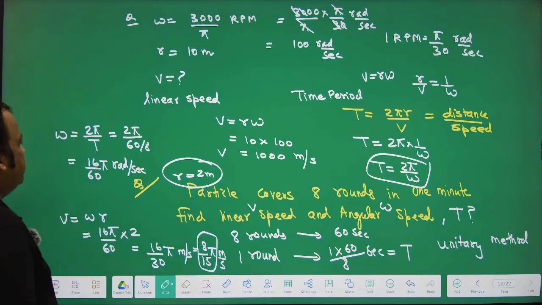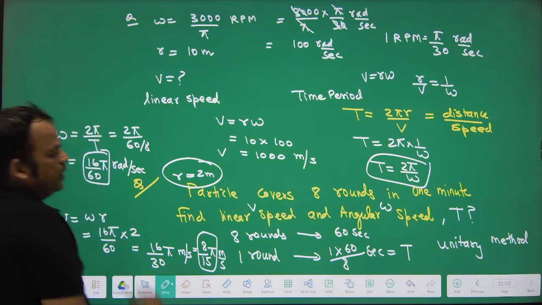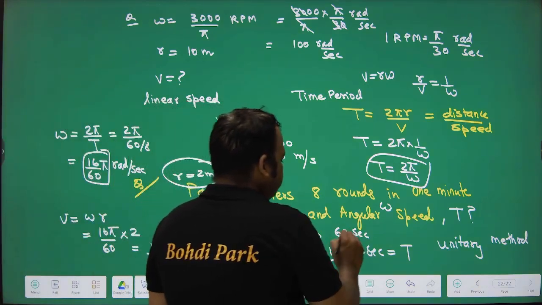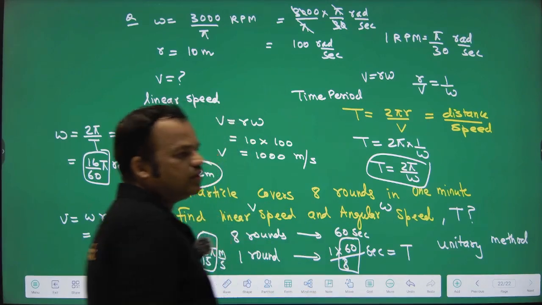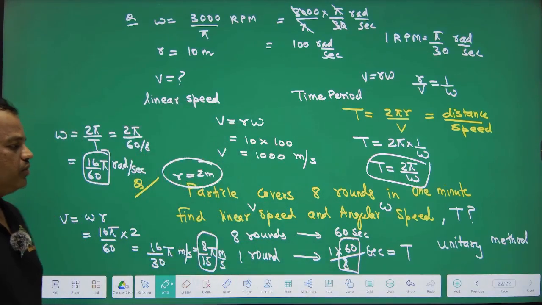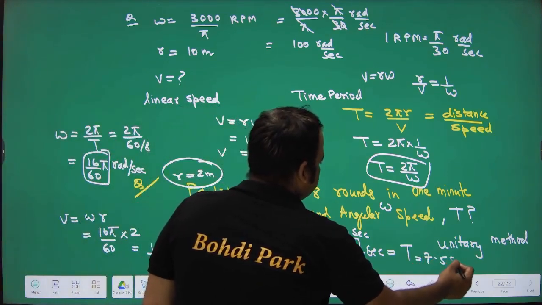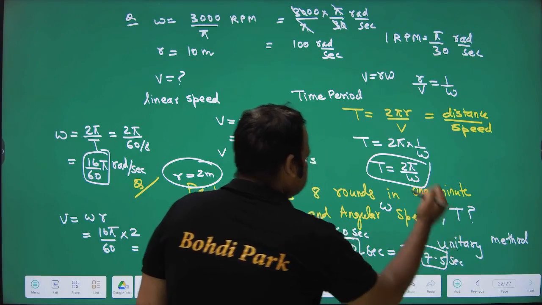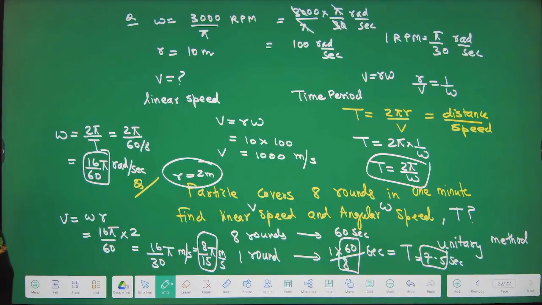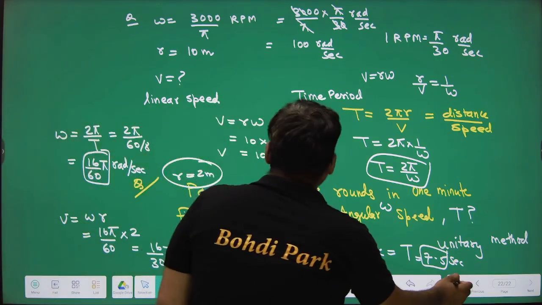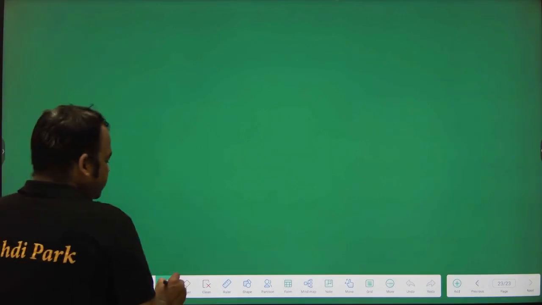This is the linear speed, this is the angular speed, and the time period is 60 by 8, or 30 by 4, or 15 by 2, or 7.5 seconds. Let's solve one more question related to omega, linear speed v and time period T.